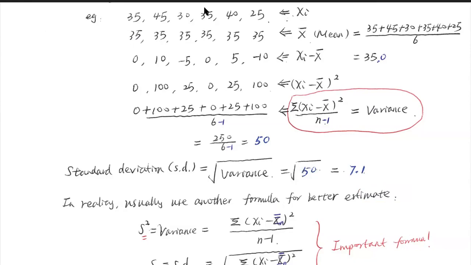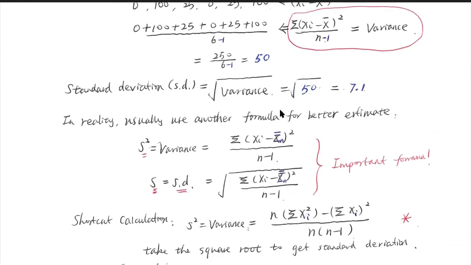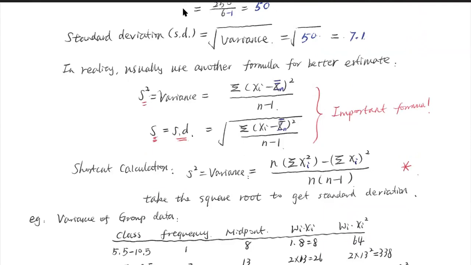In terms of notation, I want to point out some notation here. For variance, we can write it another way, using the notation s square. You wonder where this S is coming from, everybody? The S is coming from what we mentioned earlier when we say SD.